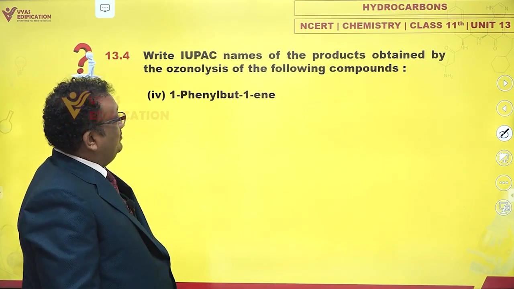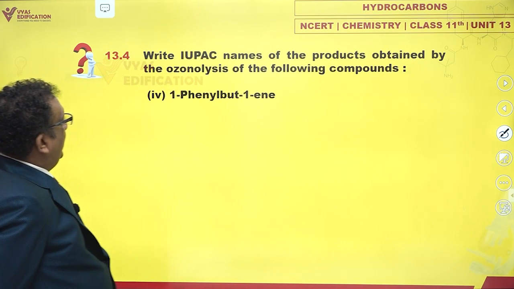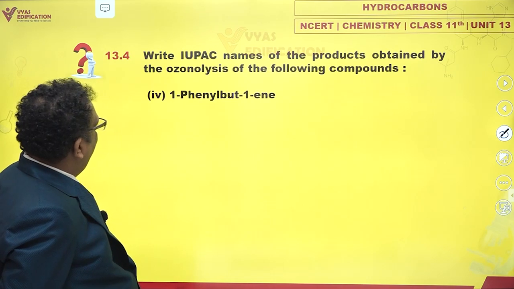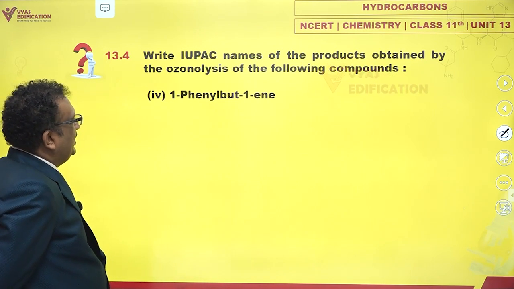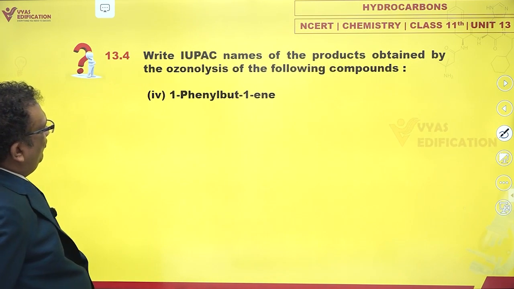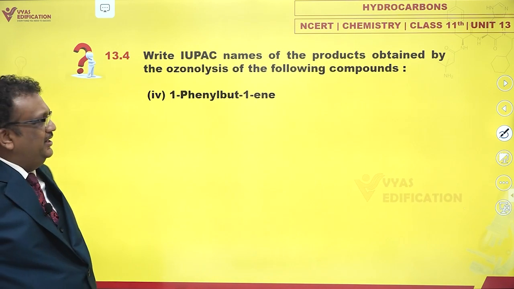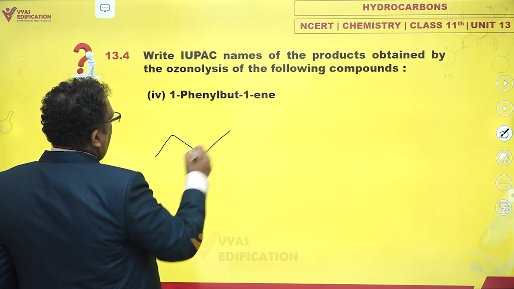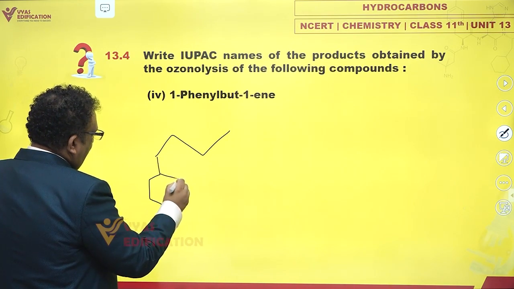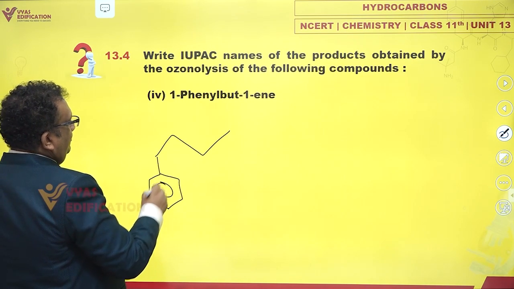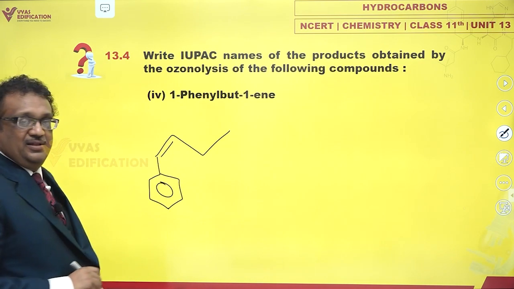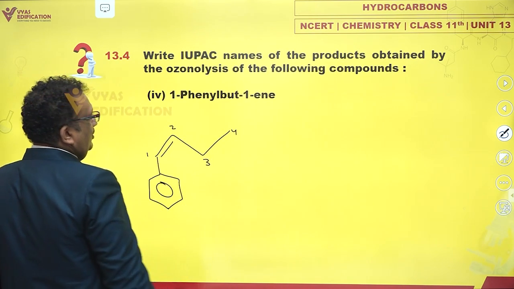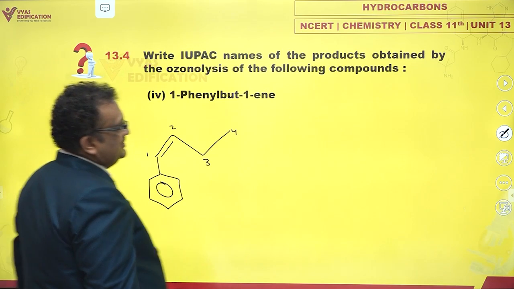Write the IUPAC names of the products obtained by the ozonolysis of the following compounds. What do we have? We have 1-phenyl-but-1-ene. What does that look like? 1-phenyl-but-1-ene, like this. 1, 2, 3, 4.